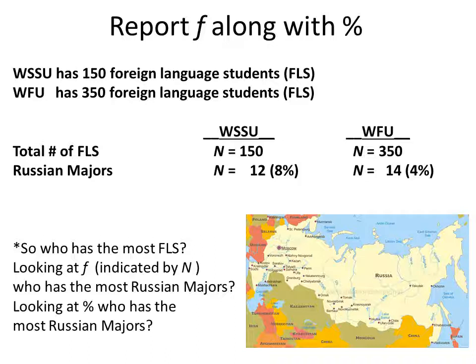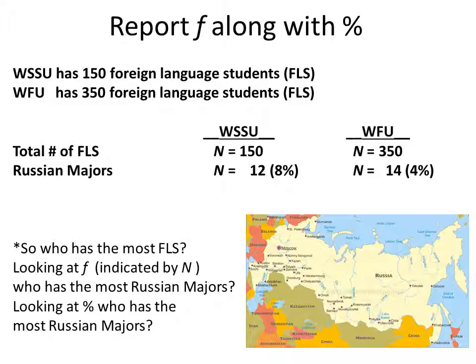So who has the most foreign language students? We look at the frequency indicated by N. We can say that Wake Forest has the most foreign language students. Who has the most Russian majors?